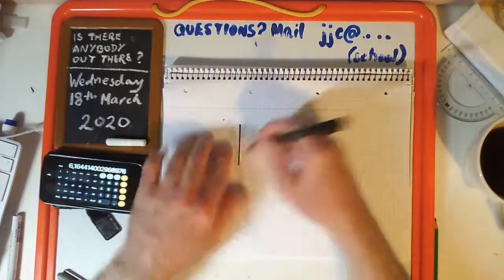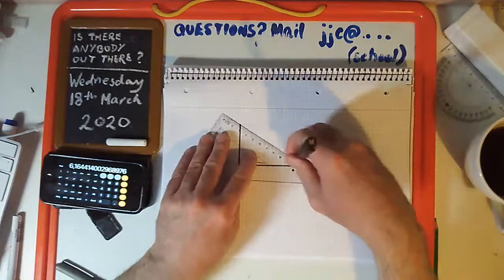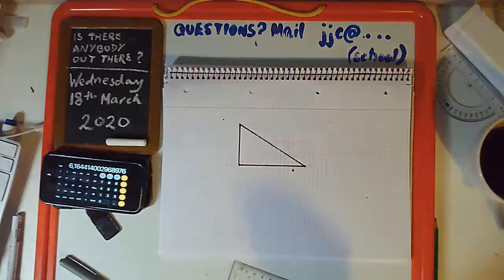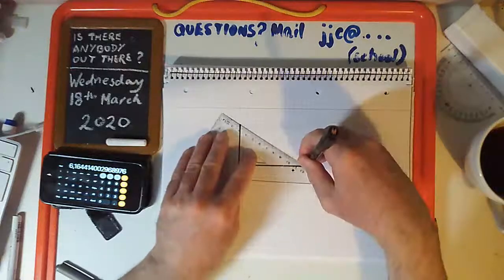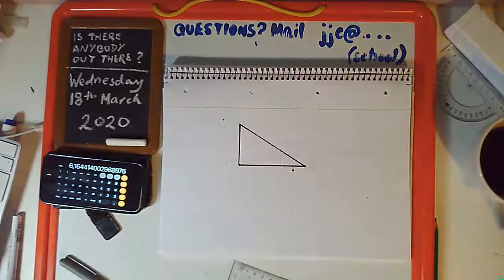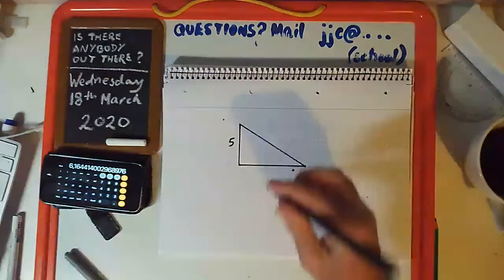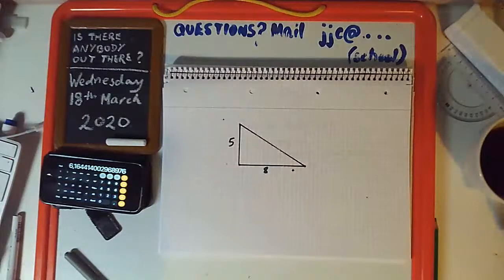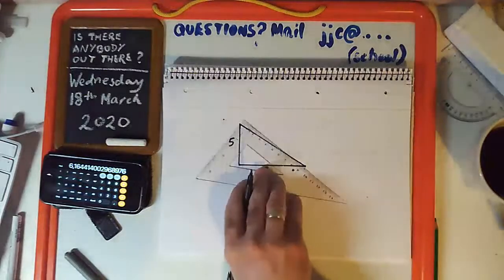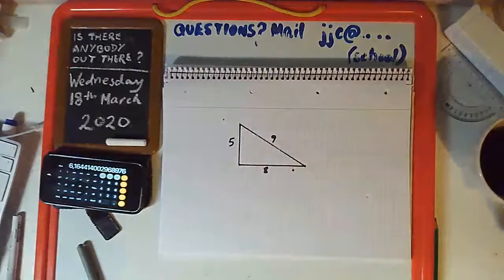So let's just say we have another random triangle there, and let's say that that's 8 centimeters, and let's say the other side, well, it looks like about 9 centimeters.